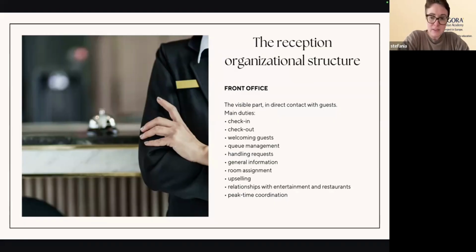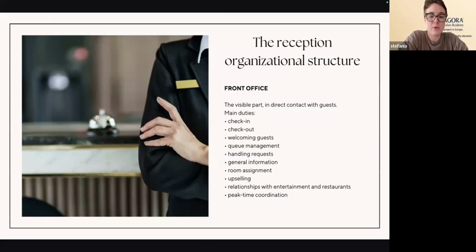Relationship with entertainment and restaurants. So the reception keeps, as I said the last time, all the contacts with F&B, housekeeping, entertainment, also outside partners. For example, when a hotel doesn't have a restaurant, the front office usually is going to suggest some restaurants, so it has a list of restaurants.